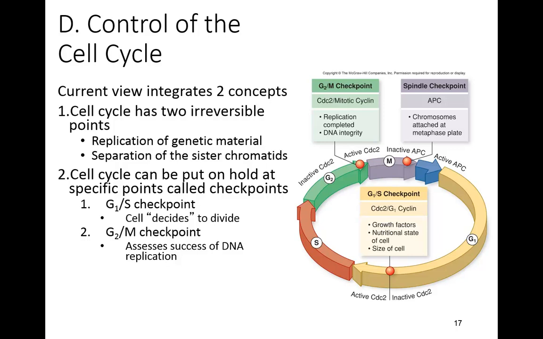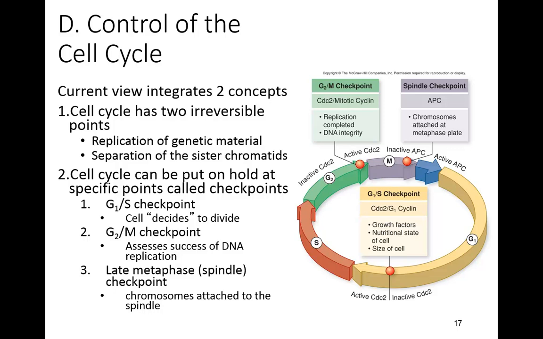The G2/M checkpoint, in between G2 and mitosis, assesses the success of DNA replication. If there was a problem with replication, then the cell will decide to either kill itself or not continue and just eventually die. And then there's the late metaphase, or the spindle checkpoint. Again, it checks to make sure the chromosomes have gone to the opposite sides of the cell.